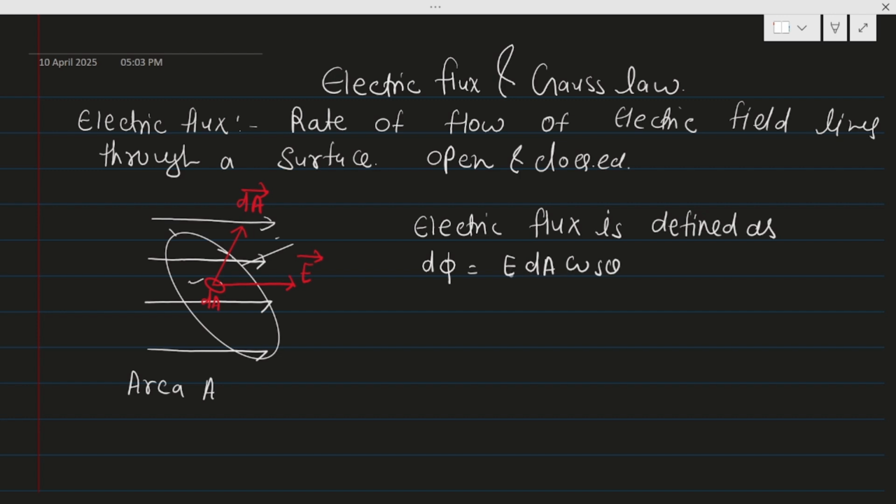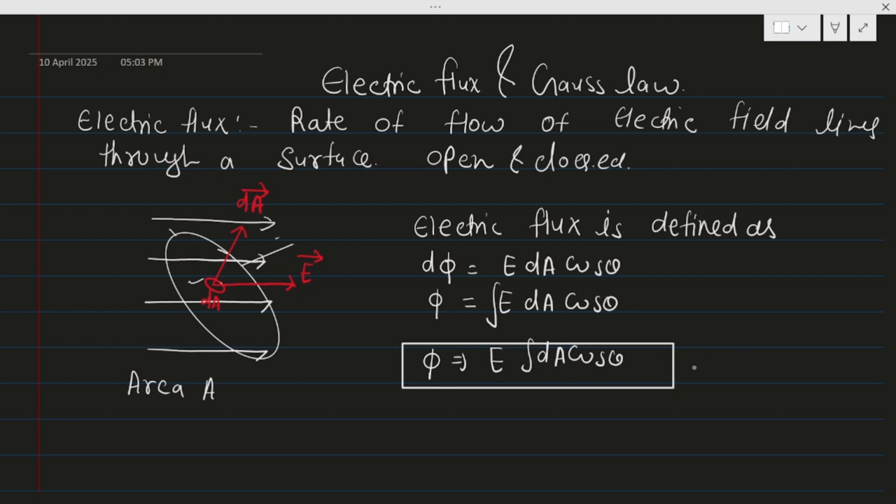If I want the whole flux passing through the whole area, small dA, small dA everywhere, I have to integrate E dA cos theta. If the electric field is constant, it will come outside the integration, and flux phi is E A cos theta.